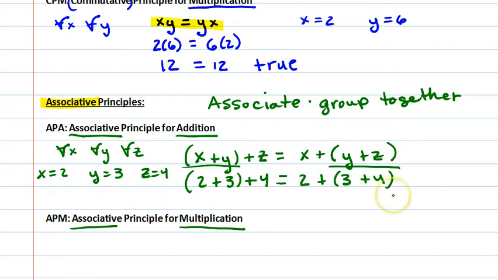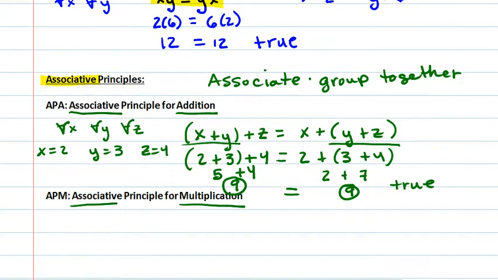Again, the numbers are all in the same order, but I've grouped them differently. 2 plus 3 is 5. If I add 4, I get 9. 3 plus 4 is 7. If I add 2, I also get 9, which is equal. So this is true. That's the associative principle of addition. I'm changing how the variables or the numbers are associating.